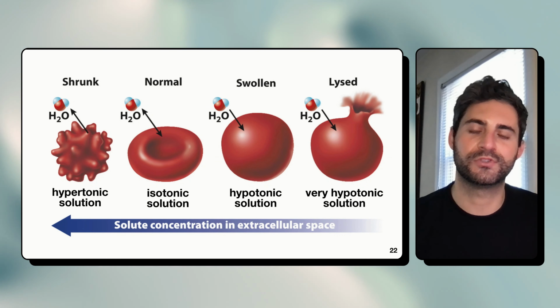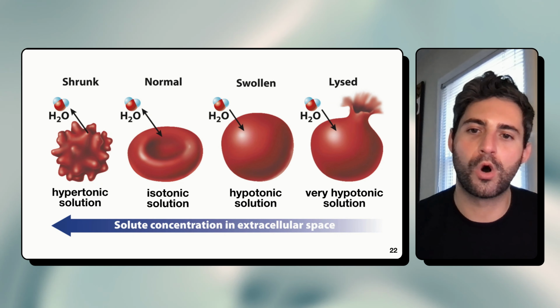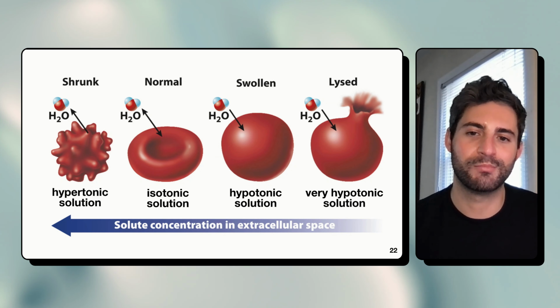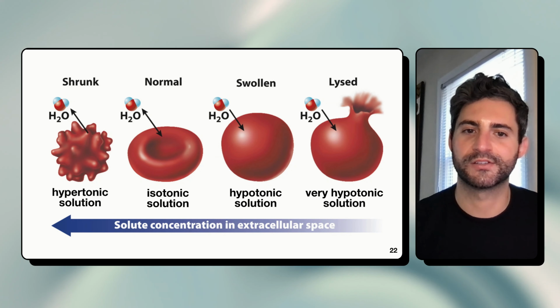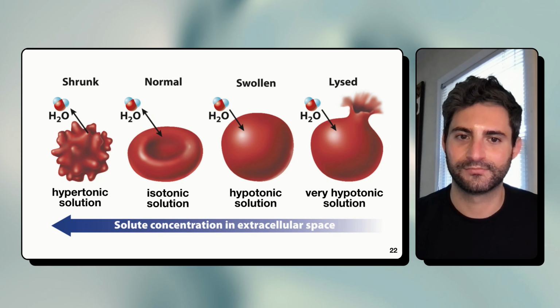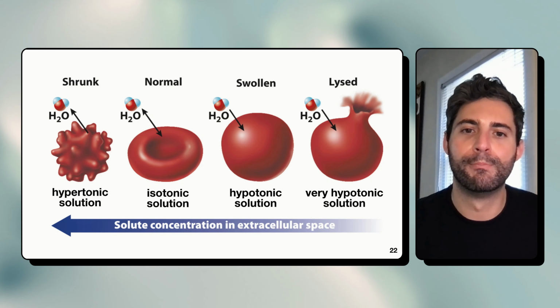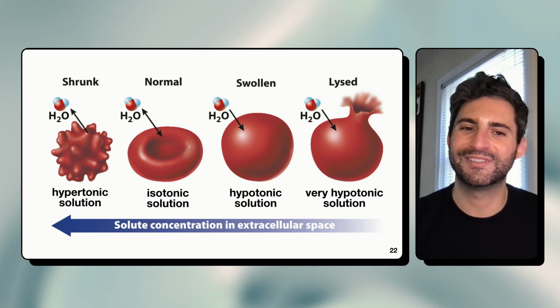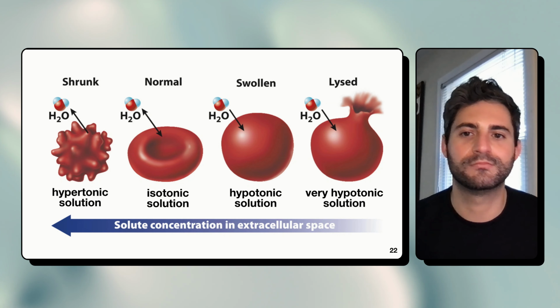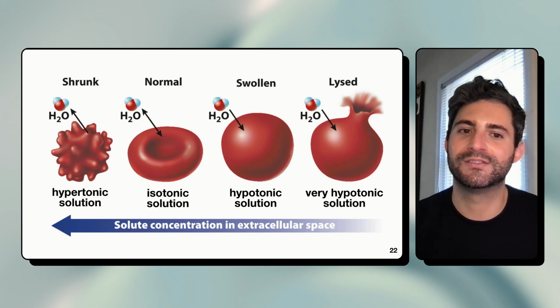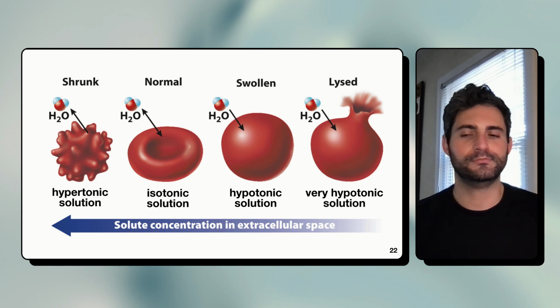If there are solutes inside those red blood cells, water will want to move from the hypotonic solution into those cells. As water enters the cell, more and more pressure will build up until the cell becomes swollen, or even until it lyses, which means the membrane bursts open.